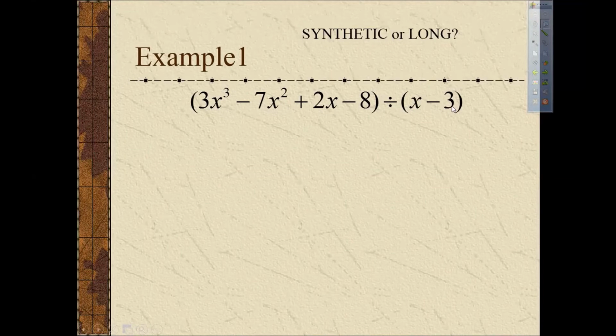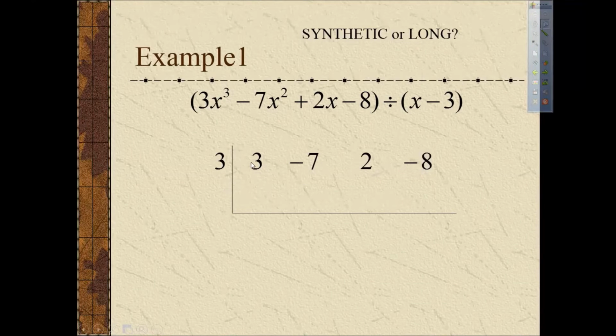It's x minus a number. So let's set up synthetic division instead. Outside of my little framework, I put a 3. Inside of the framework, I put 3, negative 7, 2, and negative 8. Those are the coefficients from this polynomial.